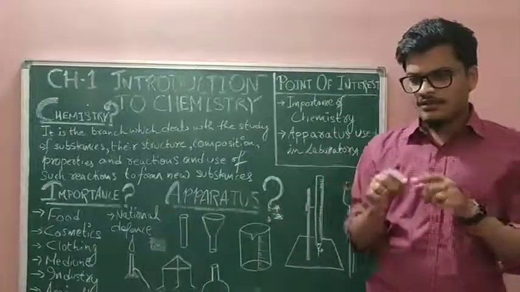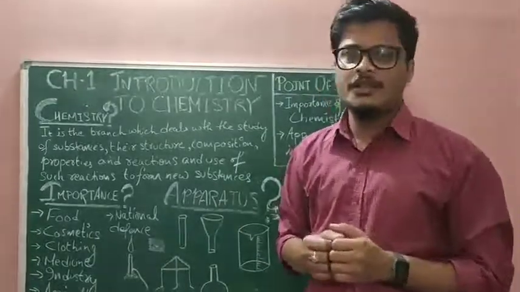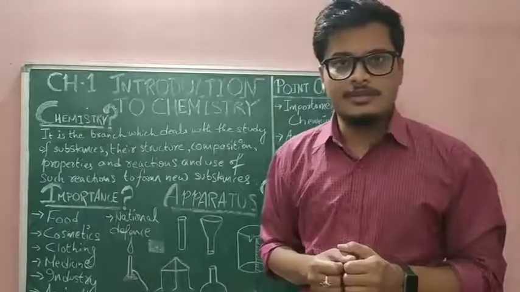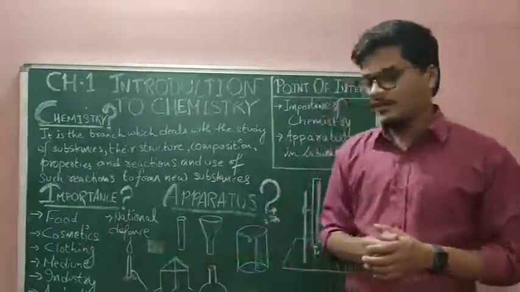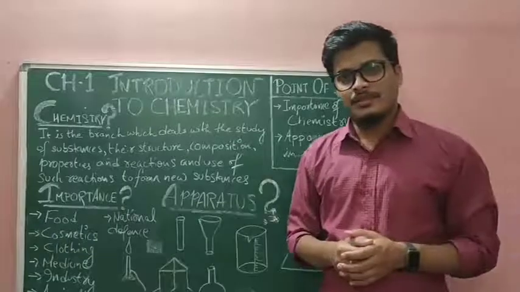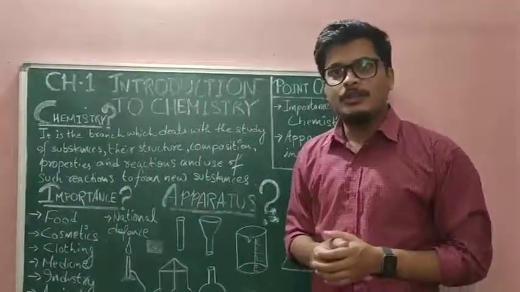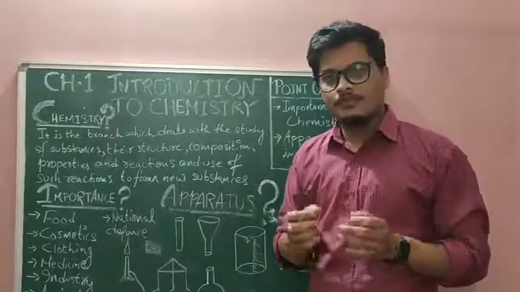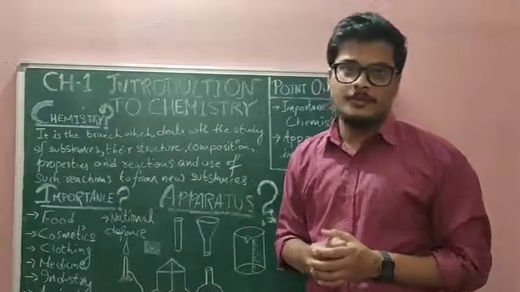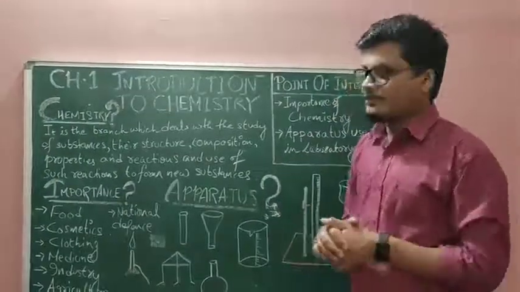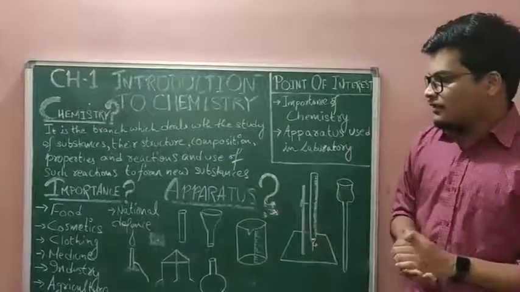If you see the composition of such medicines, it is basically of various chemicals. If you move on to industries like pharmaceuticals, anything, any industry, normally we have to keep the general knowledge of chemistry, of the chemicals.